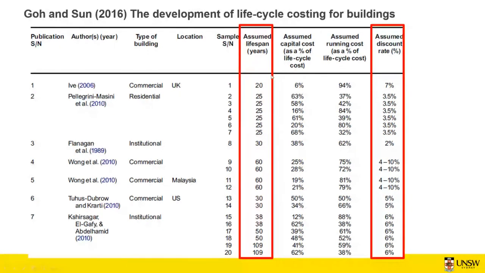And as you can see, it can be from 20 years to over 100 years based on the type of the building. And each of those may have different capital costs and also running costs in terms of maintenance, etc., as a percentage of life cycle costs. So you can find all that information online and in the literature.